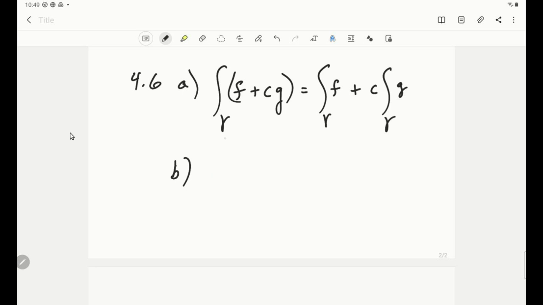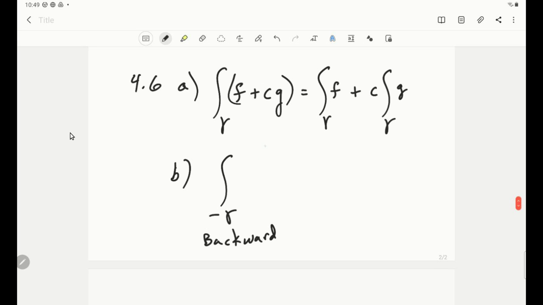Then another is, if you traversed gamma backward, and use that parameterization to do this integral of f, you would get the negative of the positive integral of f with the positive orientation of gamma.